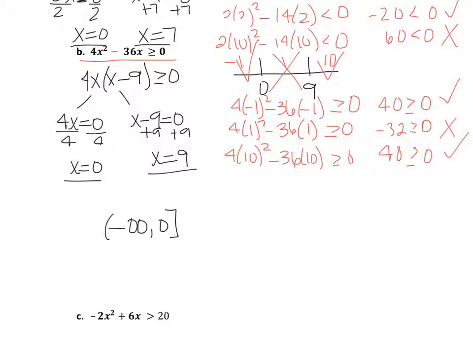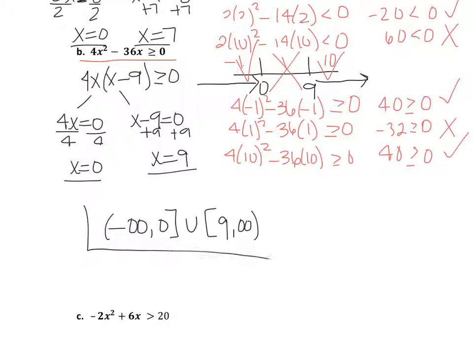And then in order to connect the two, I am going to write a union symbol and then write 9 to positive infinity. So we have all the values negative infinity up to 0. And then we start at 9 again and go to infinity. That's how you would write your solution in interval notation.